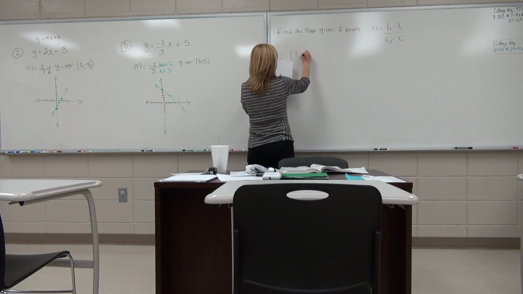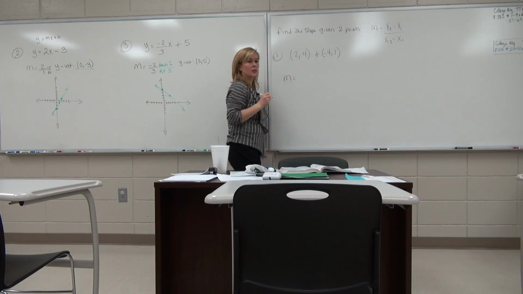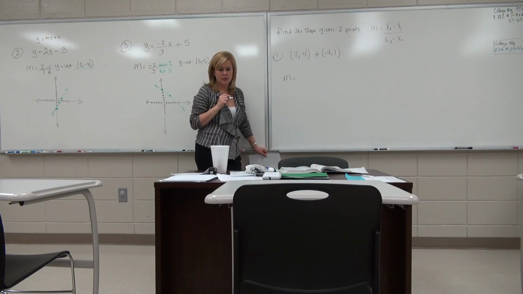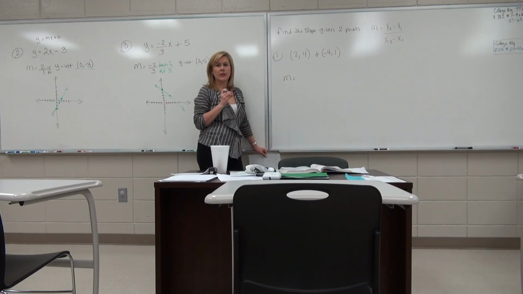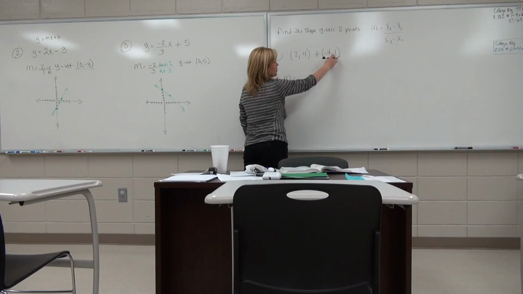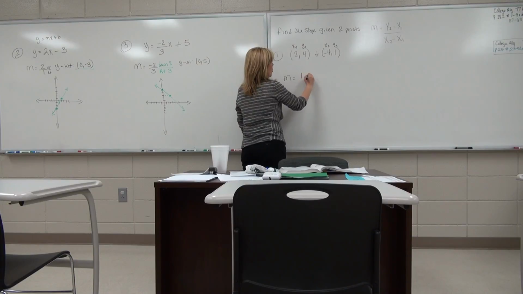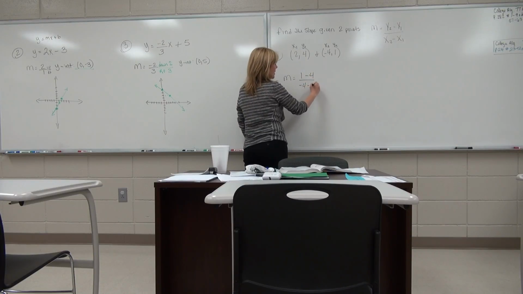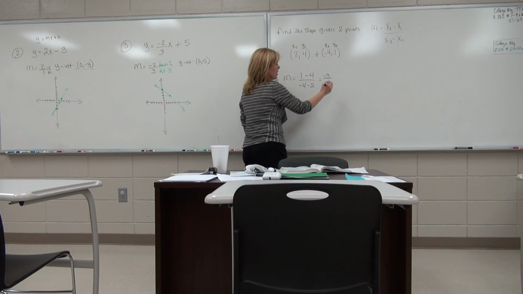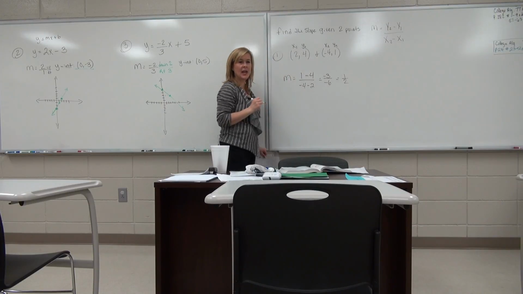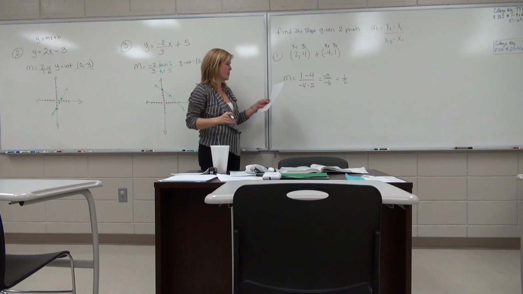Let's say if I had the point (2, 4) and the point (-4, 1), if we can find the slope. Well, that means I need to subtract the y's. This is your x1, y1, x2, y2. So that'll be 1 minus 4 over -4 minus 2. So that gives me what? -3 over -6, which reduces to +1/2. So if you plotted those two points and connected them, you would see you have a slope going uphill.